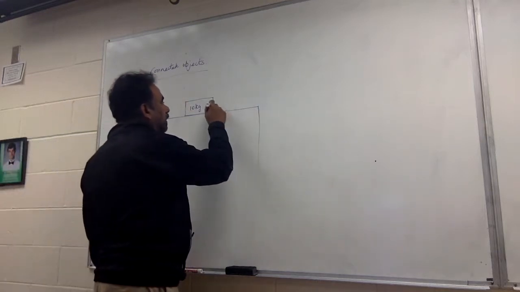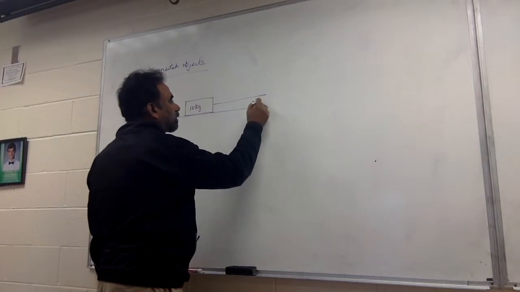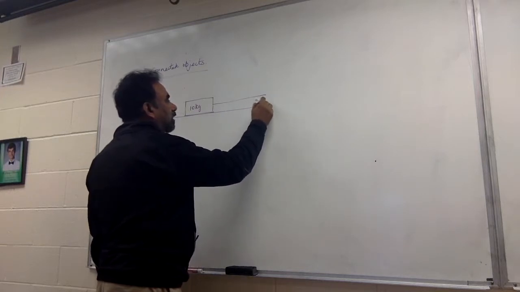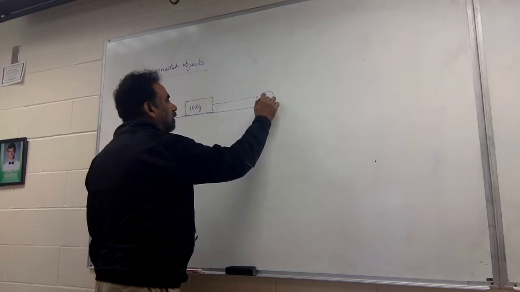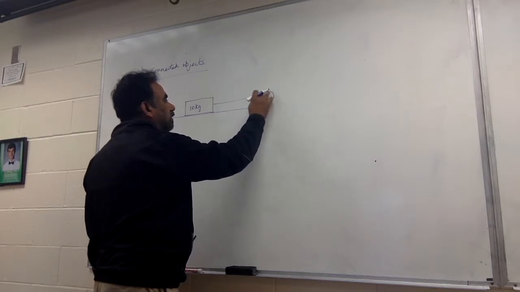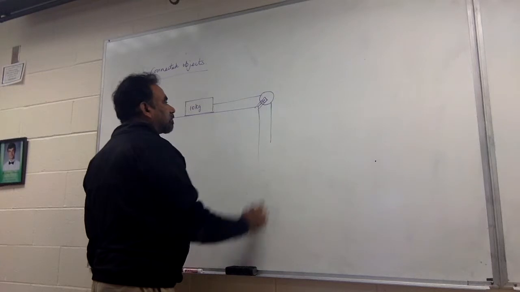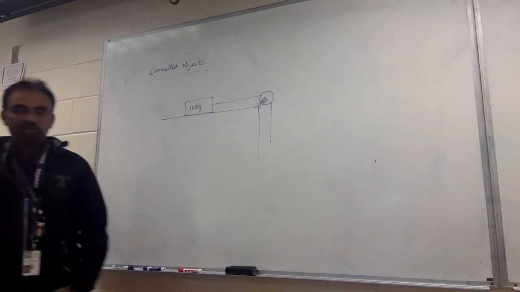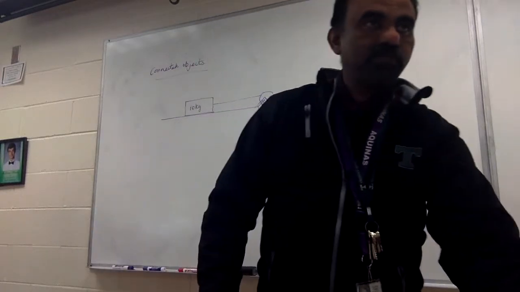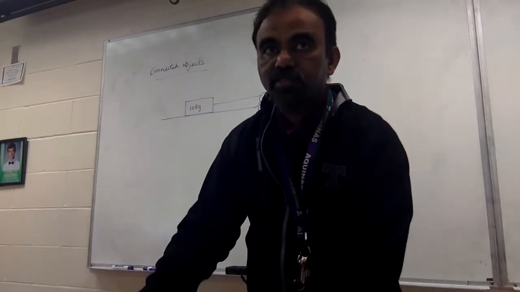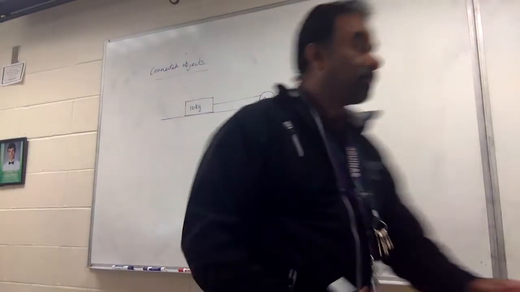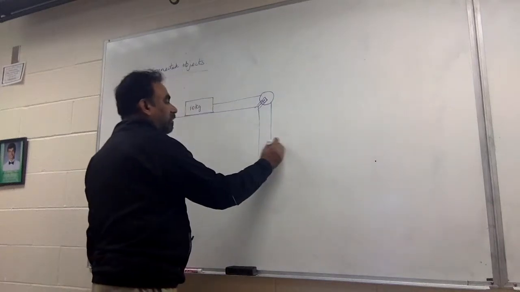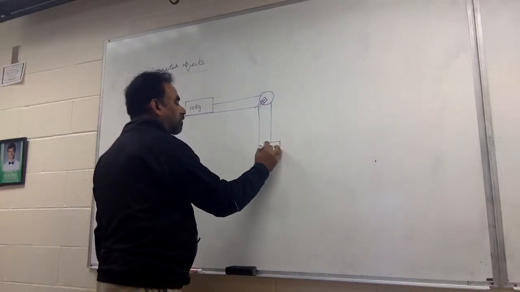And then I connect a string to it, and I'm connecting it to a pulley. So I have a pulley attached to the corner of the table here, and this object is sitting here, and I tie a string, and the string here has a mass of 2 kilograms.